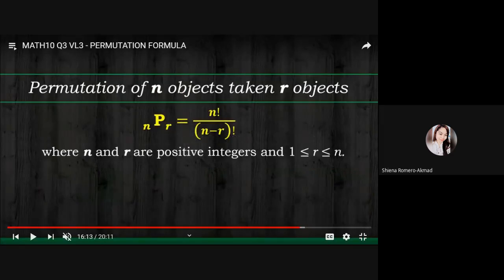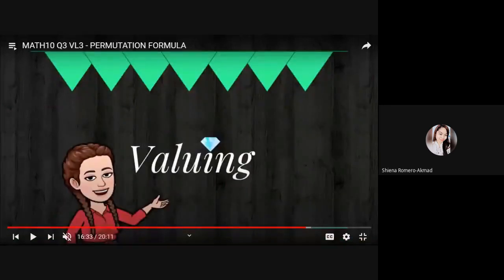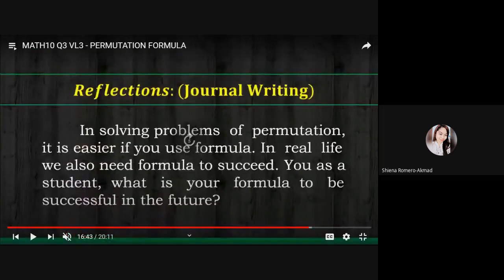And don't forget that the formula is n factorial divided by n minus r factorial. Alam nyo naman kung saan nanggaling yung formula, so hindi na kayo malilito at matatandaan nyo yan. Then we are now ready to answer your worksheets.